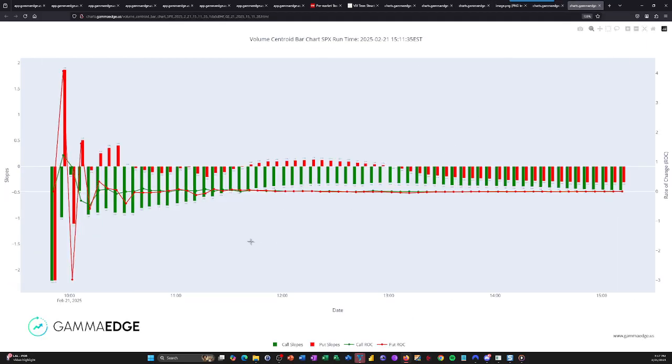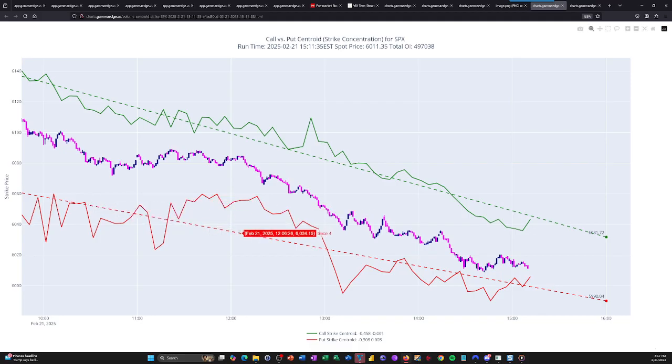So why is that important here? You can see that the red went below, and then it kind of hovered, and then it went below, and then it went positive. Now, what is this telling us right here? When the put centroid lines are negative, and this thing is getting pulled down slice over slice, participants are likely opening puts to the downside.